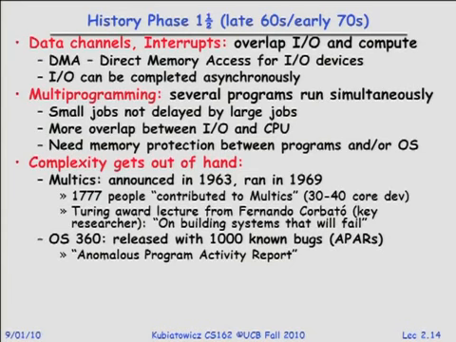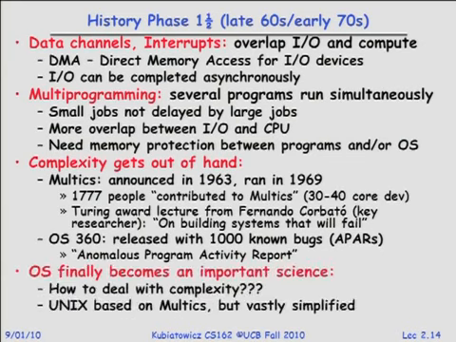Okay, I guess that sounds better than anomalous program activity reports. So basically, operating systems finally became a science here because if you didn't turn it into a science, the complexity killed you.